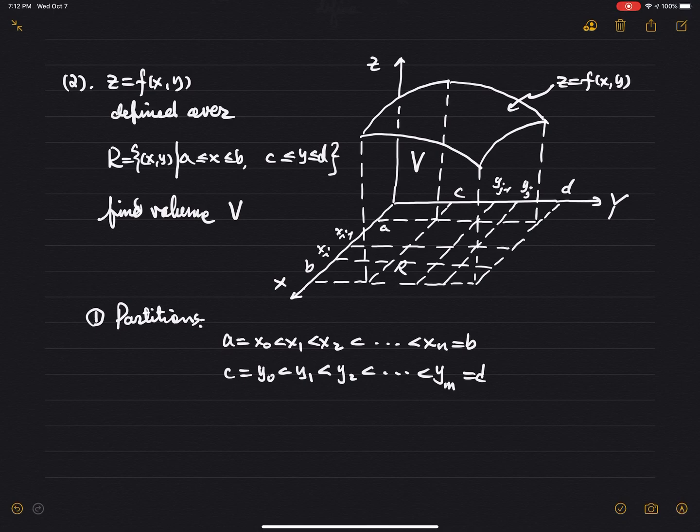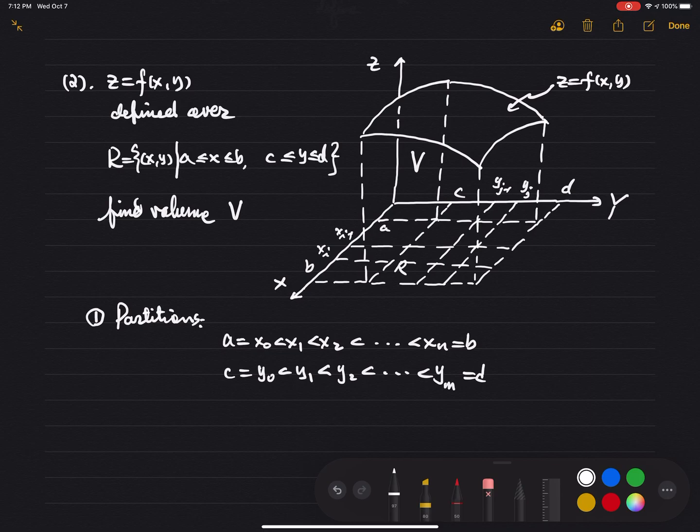So now we're going to look at this subpatch, or subregion, on R. We're going to look at this part. Now, on this part, we're going to draw the approximation.